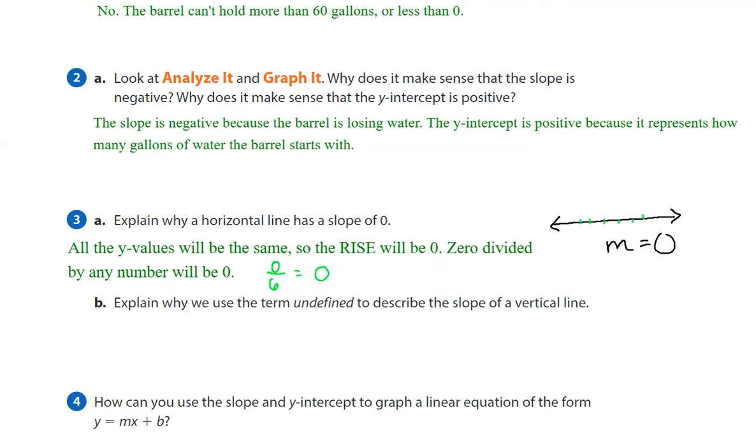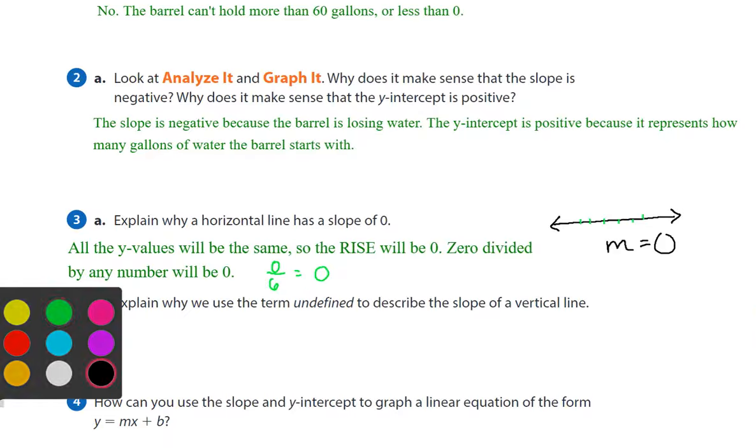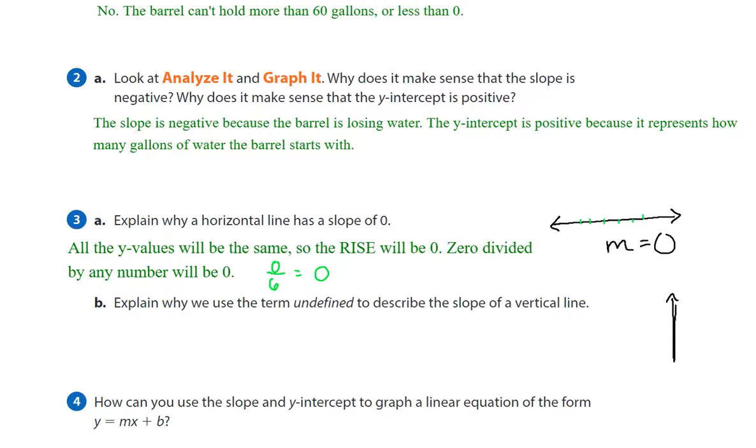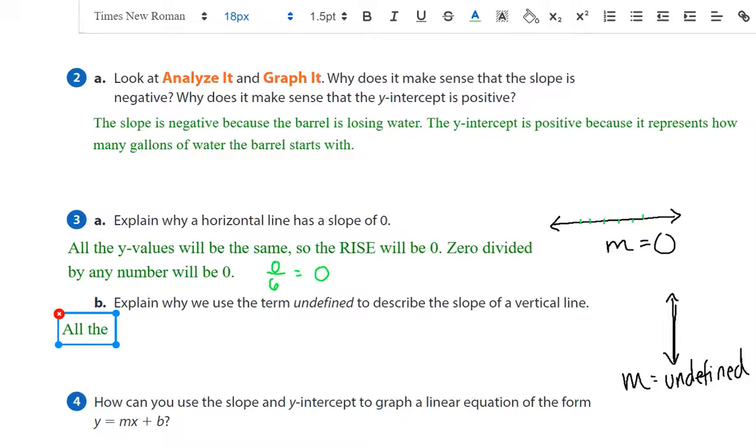Part B, explain why we use the term undefined to describe the slope of a vertical line. So for a vertical line now, slope equals undefined. Why? Well, okay, let's think about this. So all the x values are going to be the same now, right? It's not changing from side to side. There's no run. So all the x values will be the same.